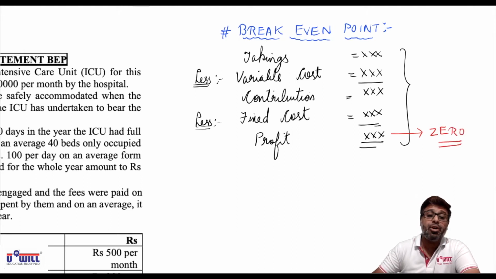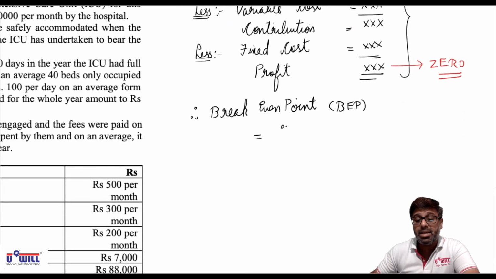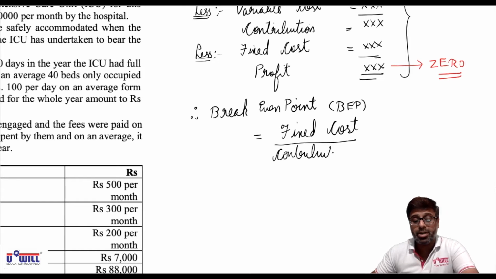Now the extra point you'll note down here is, how do you find the break-even point? The formula is break-even point, that is BEP, is equal to fixed cost divided by contribution per unit.